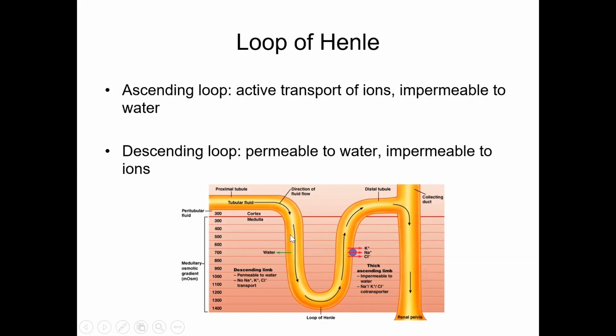Now we look at the descending part of the loop of Henle. Write it down, please. It is only permeable to water, not permeable to ions.